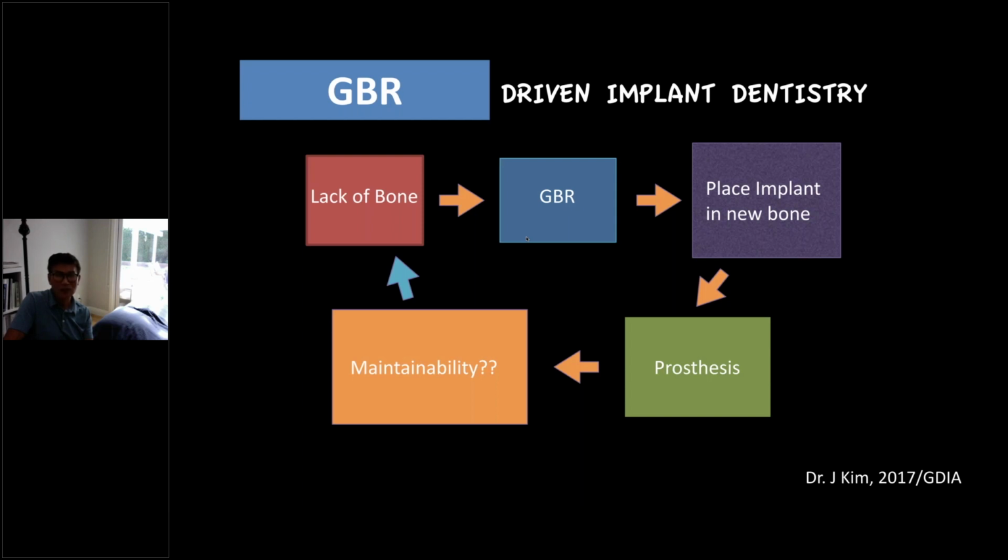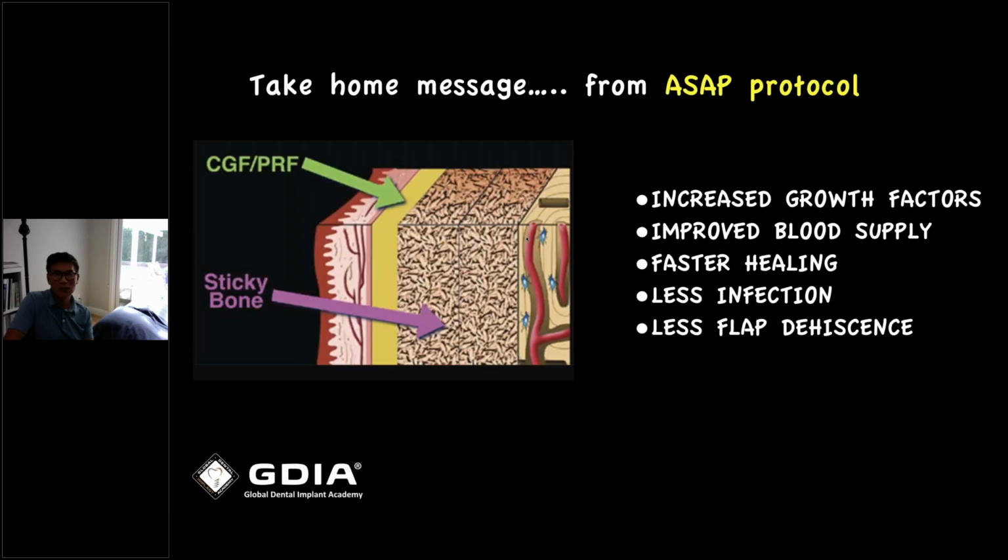And then the GBR is a success with all the prosthetics. So it's just a circle. So hopefully we get all of this success with the ASAP protocol, my take home message is we can double the volume. So that's my take home message for you.